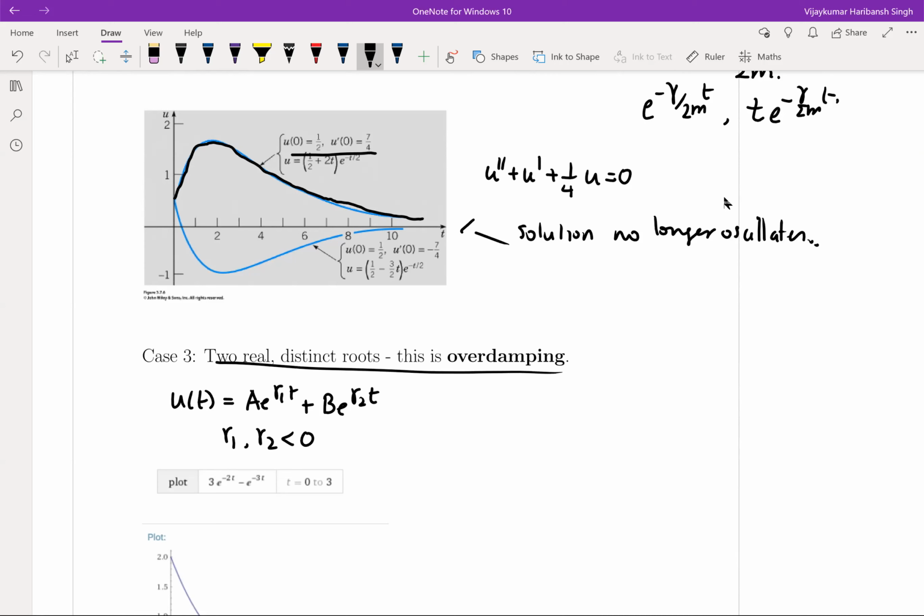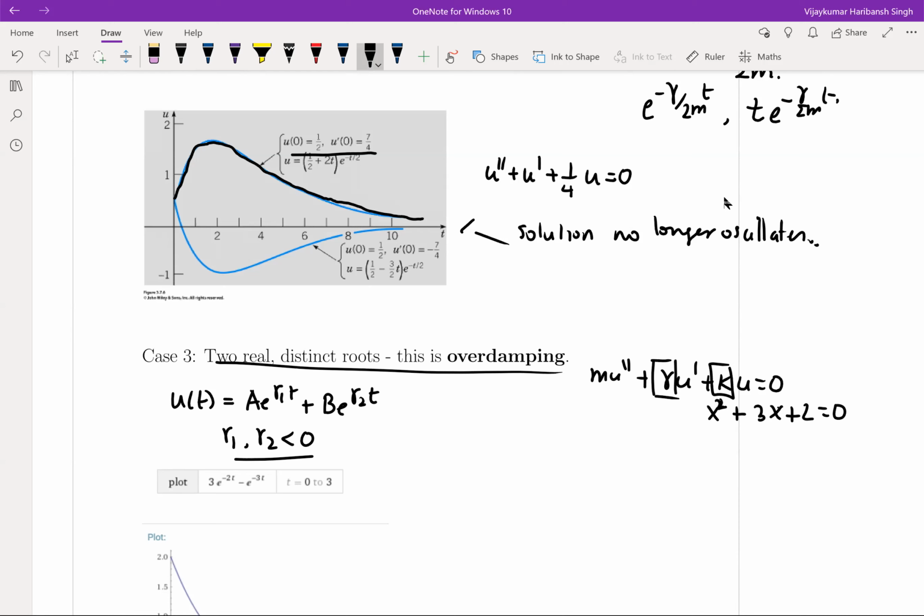Why are these both less than 0? So think about it. We have m u double prime plus gamma u prime plus k u equals 0. So if you have an equation like, say, x squared plus 3x plus 2, this coefficient is positive, this is also positive.